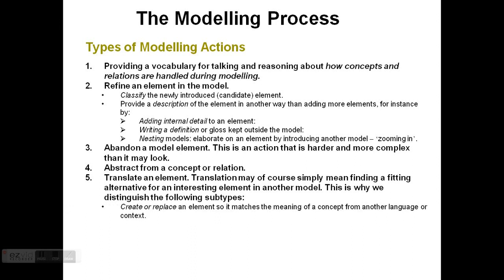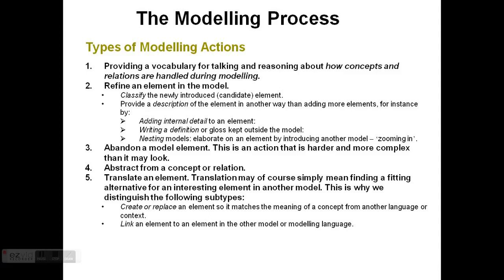This is why we distinguish the following types: create or replace an element, so it matches the meaning of the concept from another language or context. Answer these questions: why use the translation, why this translation, why from that particular source model context or language.